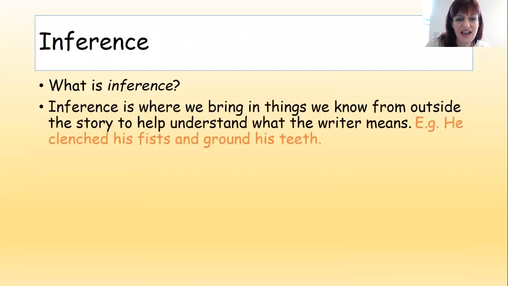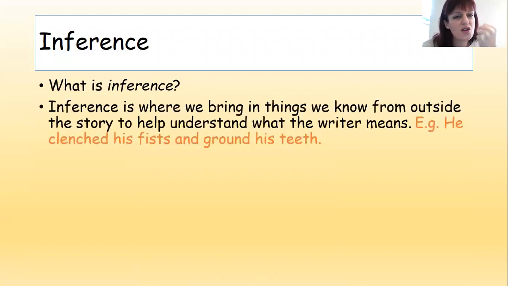Hopefully you are saying something along these lines. Inference is where we bring in things we know from outside the story to help understand what the writer means. For example: he clenched his fists and ground his teeth. What does that tell us about the character? Clenching your fists and grinding your teeth, you're probably quite angry or annoyed.